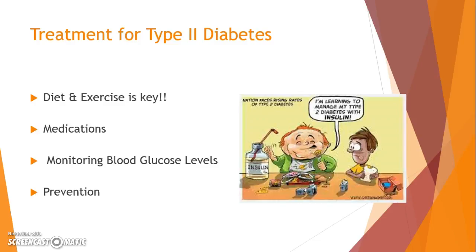Monitoring blood glucose levels, checking your glucose levels to make sure that they're in a healthy range, and if they're not, altering your diet to accommodate that, and prevention, eating the good foods and having a healthy, active lifestyle is definitely key. Like the cartoon says, you can't just drink insulin out of a bottle and think you're going to be okay.